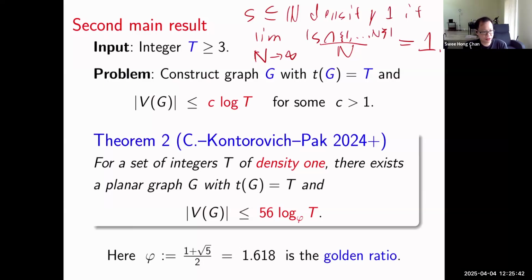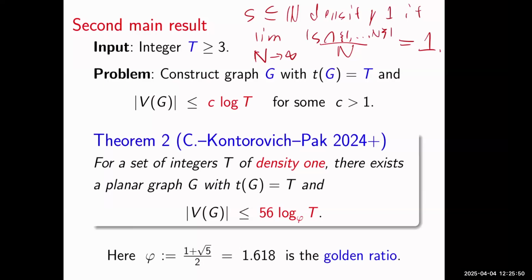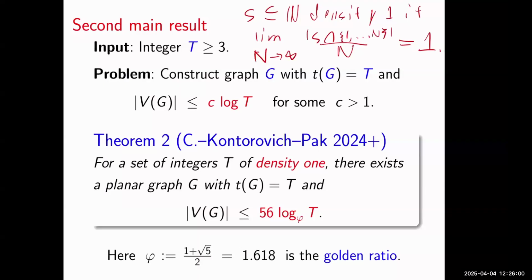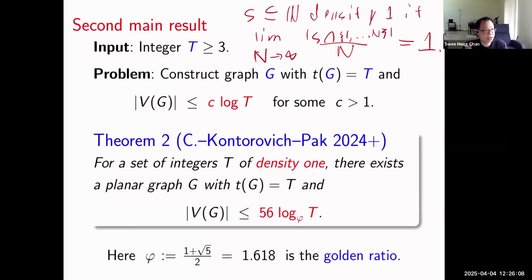Up till here, are there any questions? Yeah, little t of G is what? This is the number of spanning trees. But then why is little t of G equal to capital T? So is T a set of integers of density 1? It's a number.